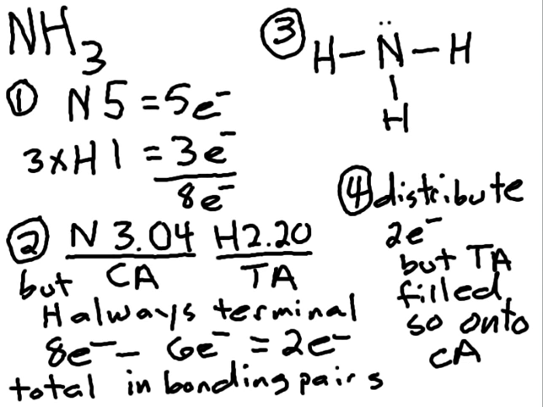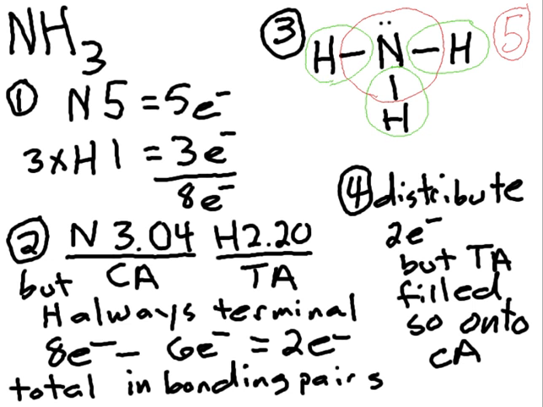Thus, the remaining electrons are placed on the central atom, which in this case is nitrogen. The fifth step requires checking each atom for an octet, or in the case of hydrogen atoms, a duet. In this case, the nitrogen is surrounded by 4 pairs of electrons. Nitrogen has an octet. Each hydrogen is surrounded by a pair of electrons. Each hydrogen has a duet.